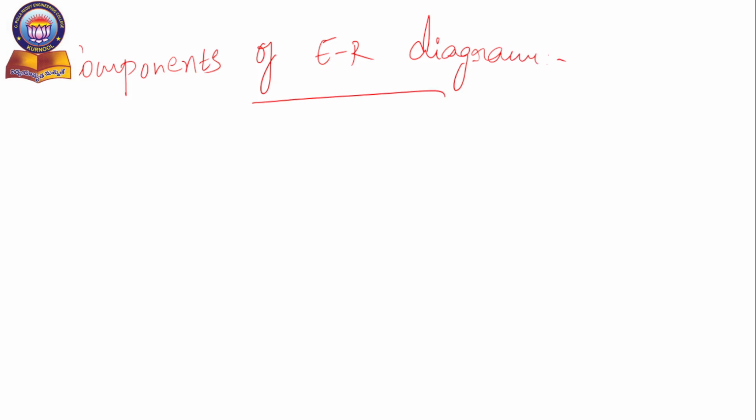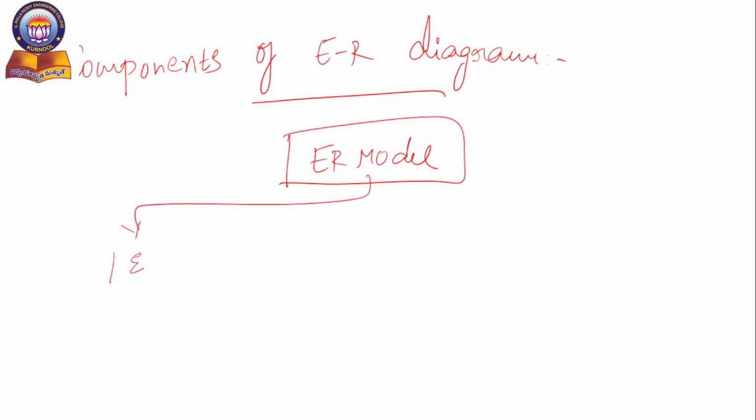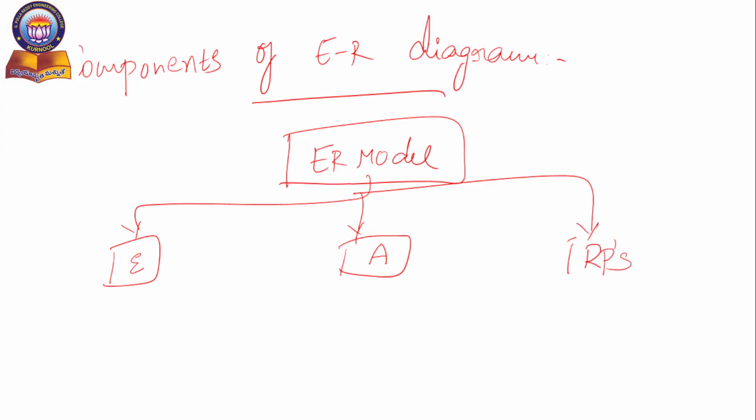Next, let's discuss the components of the ER diagram. What are the components? We will discuss the ER model first. ER model is a collection of, as we already discussed, entities, attributes, and third one is relationships.